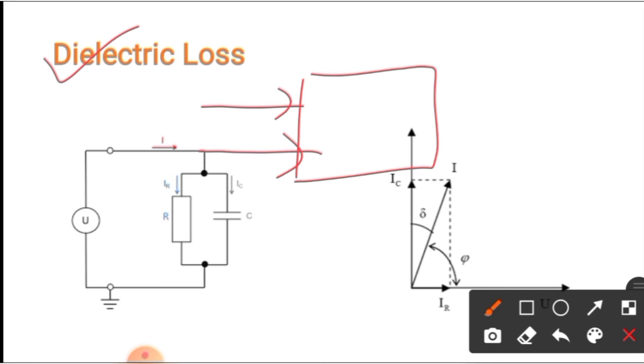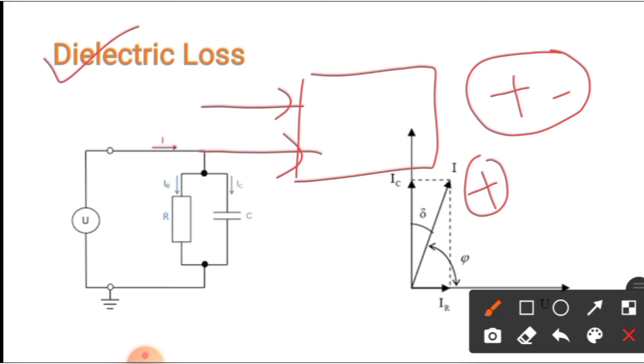At that time, inside non-polar dielectric material, generally the center of mass of positive charge and center of mass of negative charge coincide with each other, but due to this voltage, positive and negative charges are separated by the distance L, and this is the formation of an electric dipole. Due to this electric dipole, a small amount of current starts flowing through the dielectric material. This current is known as dissipation current.